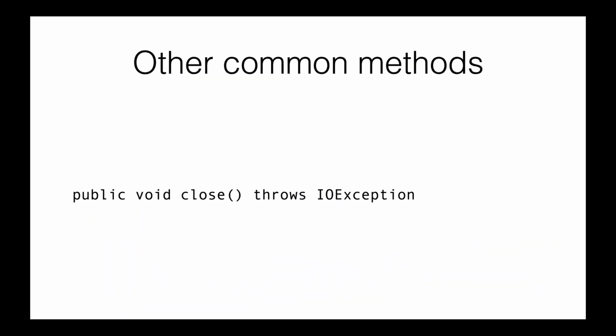The next method we are looking into is close. This method is present in all the 4 abstract classes. What this method does is it closes the file that we have opened. Whenever we open a file to read or write, we reserve a resource from our system.